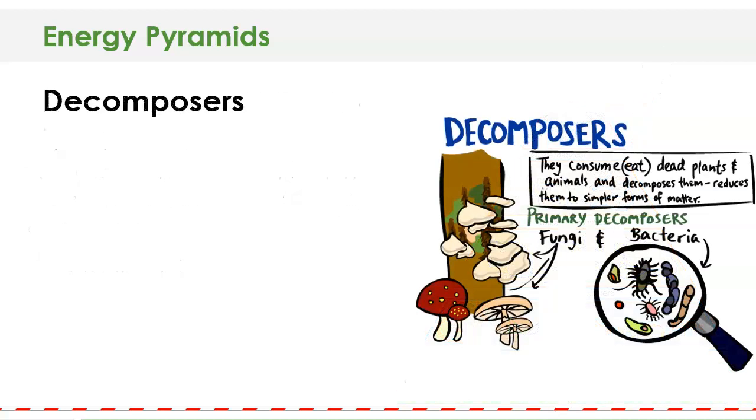Then, of course, you have the decomposers. Well, decomposers are, of course, the garbage man, so to speak, of the ecosystems. If we didn't have decomposers, we would have essentially dead bodies covering the earth. There would be layers and layers and layers of them. But we have decomposers that break down all of those dead plants and animals.